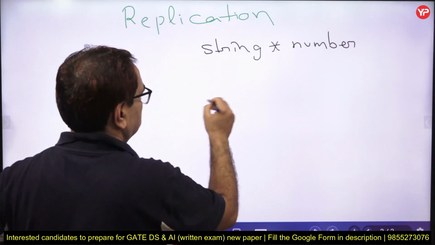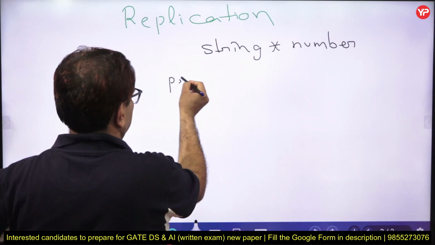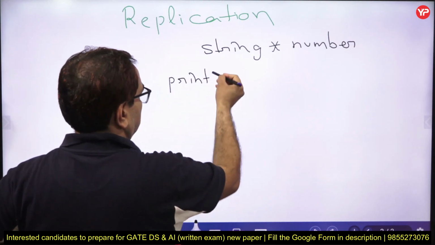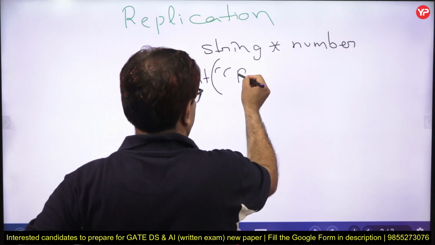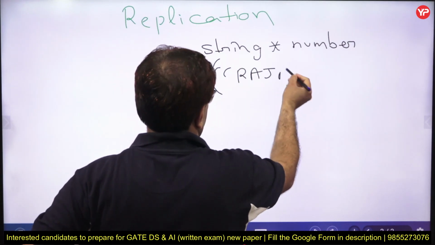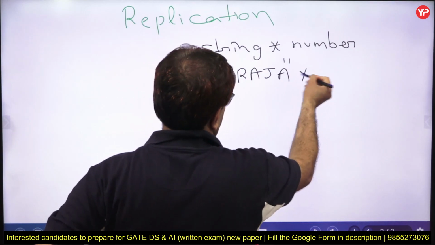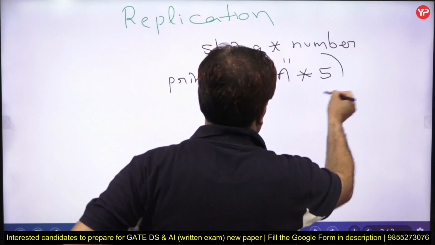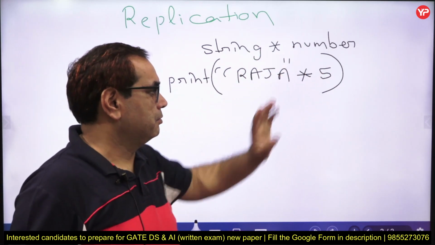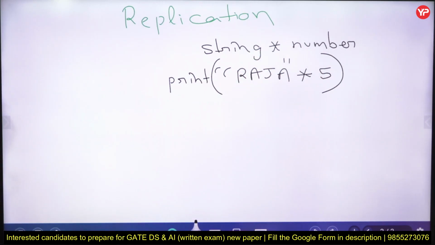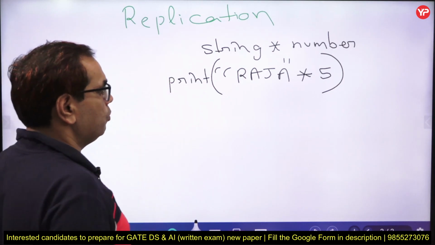Suppose I write print, and here I write a string, RAJA. So this is a string, and then the asterisk and then 5. So a string, then asterisk, then 5. Now this is the replication operator. On running this code, what will happen?